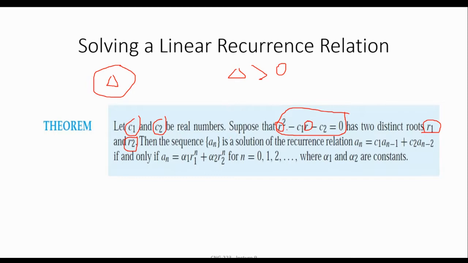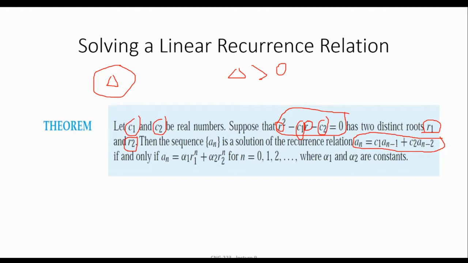Okay, so if we have such a quadratic equation and it has two distinct roots R1 and R2, then we have this relation. What is that? The sequence AN is a solution of the recurrence relation, this equation. So C1 and C2 are exactly these numbers that we used here, two real numbers, okay?